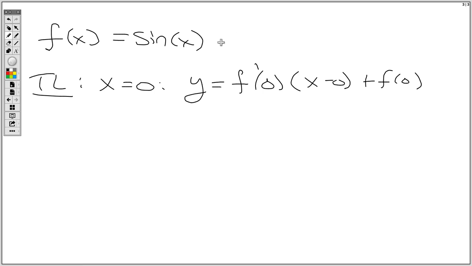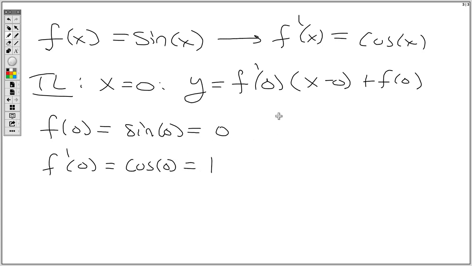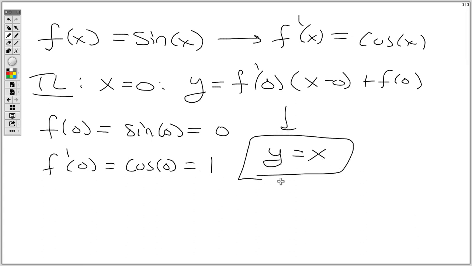The derivative of sine is cosine of x. f of 0 is 0, and f prime of 0 is 1. So I put these together and my tangent line is y equals x.